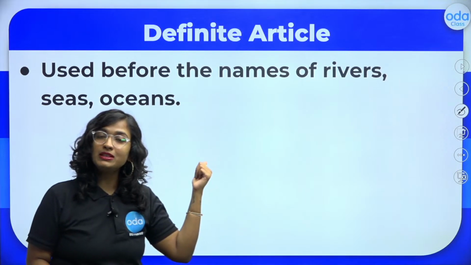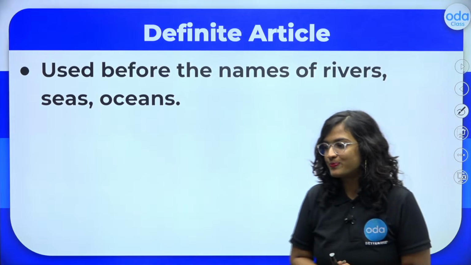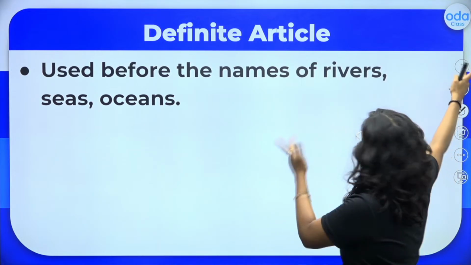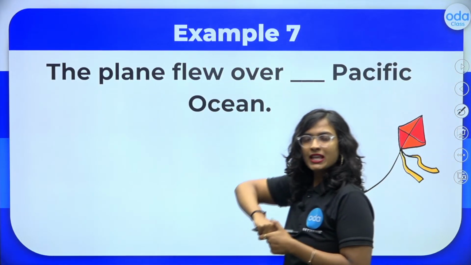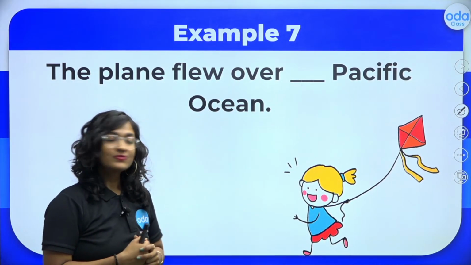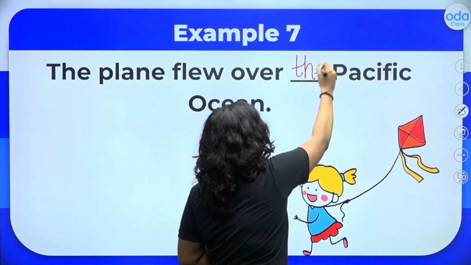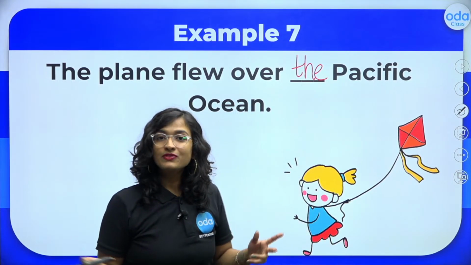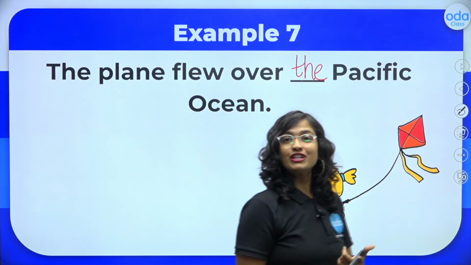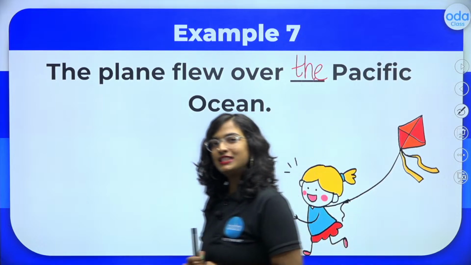So you can remember this point using our previous point and making a link with the two. So, using this rule, we know that the plane flew over blank Pacific Ocean. The plane flew over the Pacific Ocean. Remember, before names of rivers, seas as well as oceans, we use our article the.